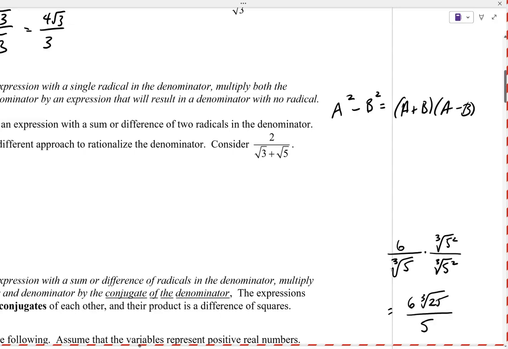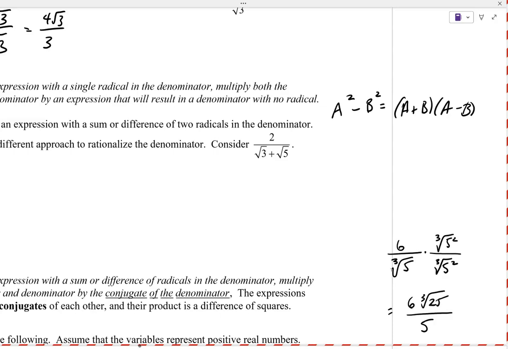Why do I bring this up besides to torture everybody? Why do I bring this up? Well, notice that when I multiply these two things together, I square the first one and I square the second one. Isn't that exactly what I want to do here to make these radicals go away? Okay. So how do I make that happen? Well, notice that there's a plus sign in the middle here.